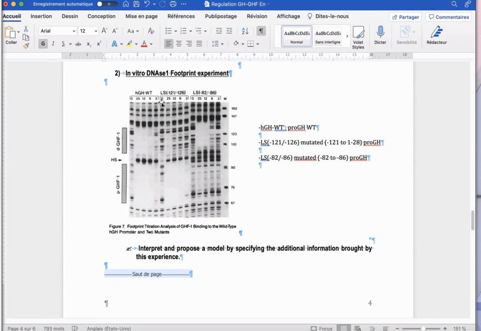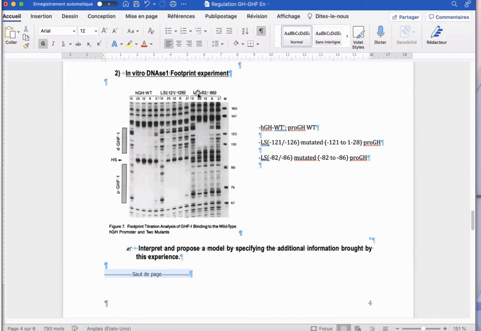So the top would be the blue protein binding site, and the bottom would be the red protein binding site. Can you see it? The positions on the promoter are on the right, and then the numbers on the top.